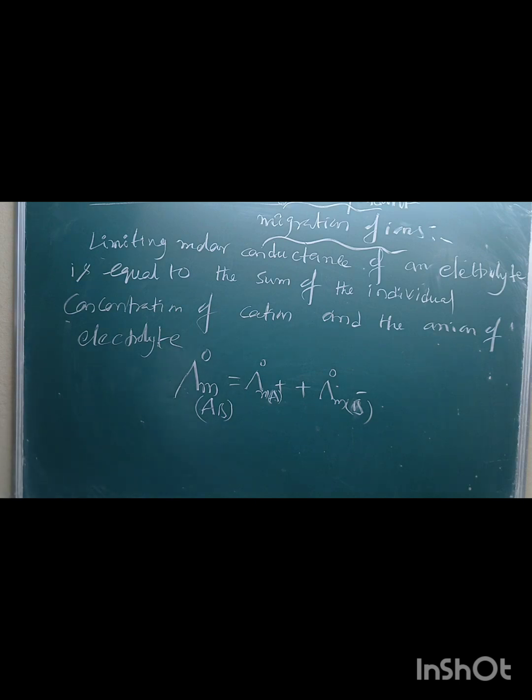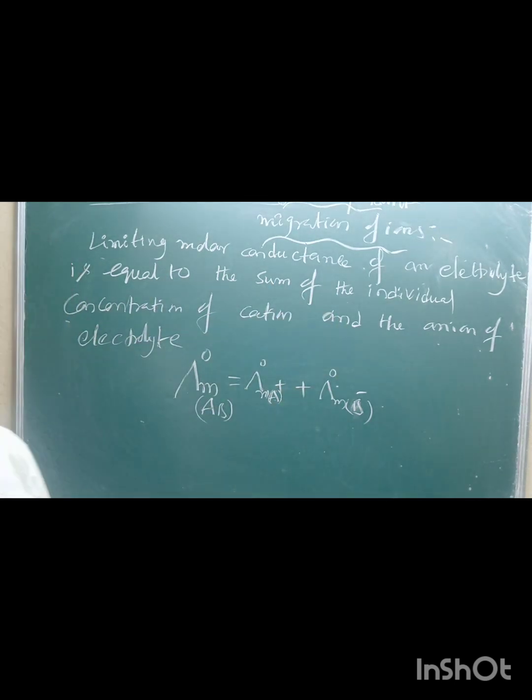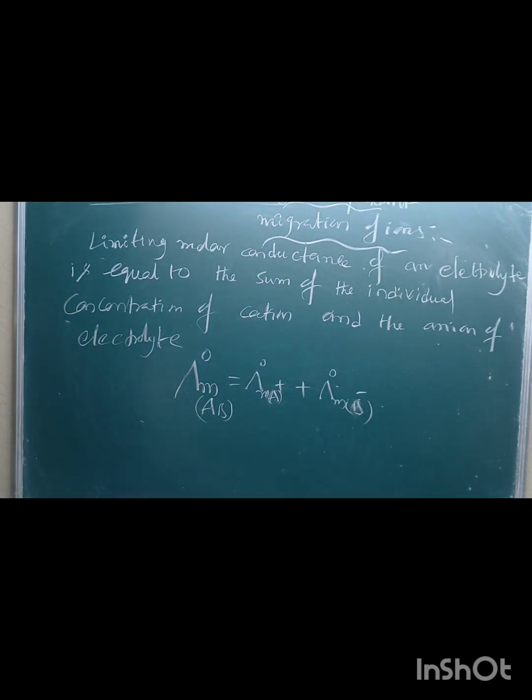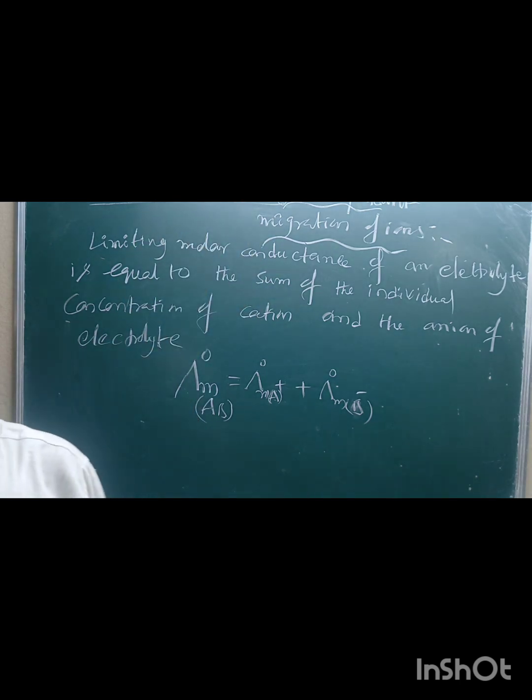That means the limiting molar conductance for any electrolyte is equal to the summation of the individual contributions of cation and anion, both.